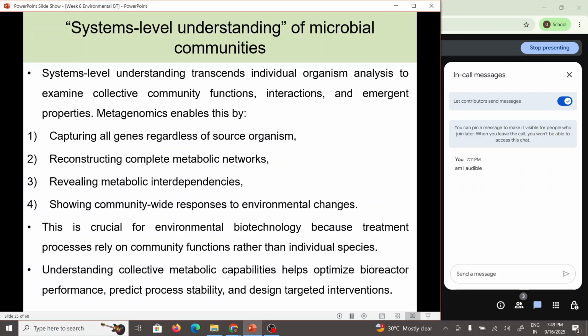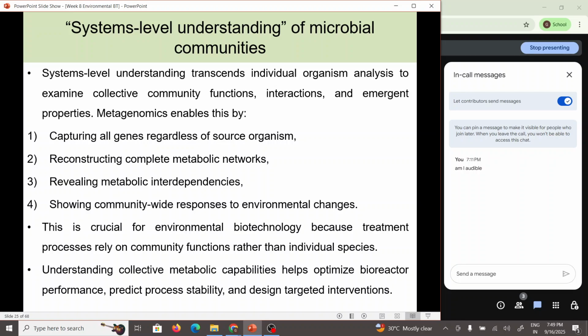And this is very important for environmental biotechnologists, because we are going to design treatment processes. So in the case of treatment processes, we will not generally go for using a single strain of microorganism, but we will have a mixed consortia or a mixed microbial community.